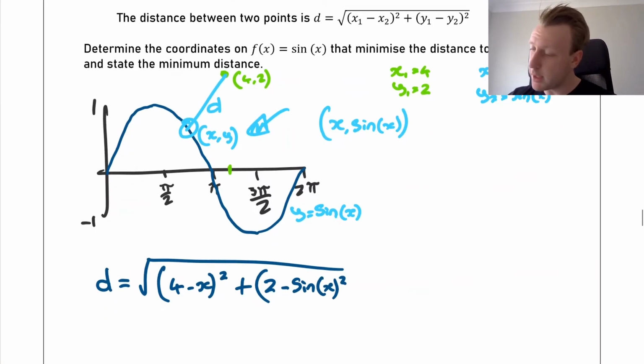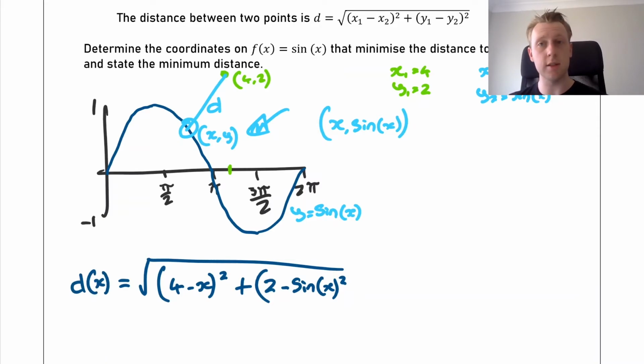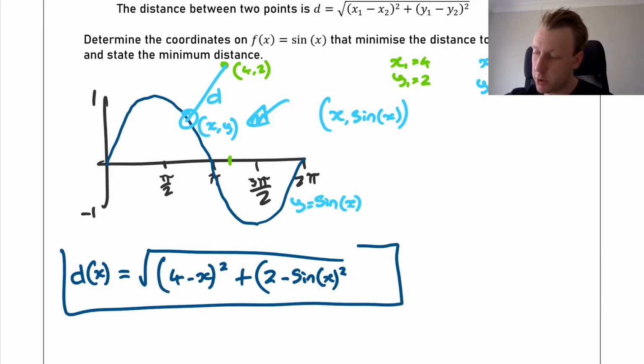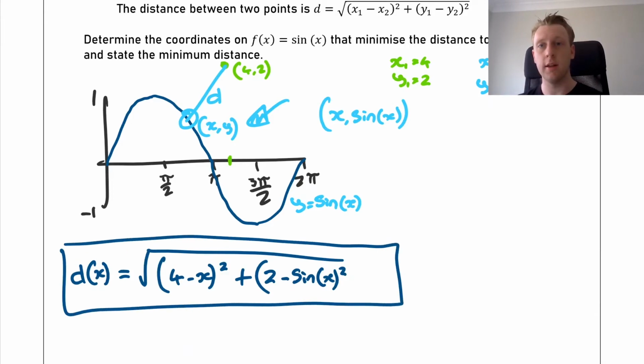Okay, and what I've actually got here is a function in terms of x for the distance, which is very nice. What I'm going to do here, I'm not asked to do any methods of calculus. I'm going to see what does this function look like? Where is it minimized? And state the exact x value that minimizes it, and that'll give me this exact x coordinate there.